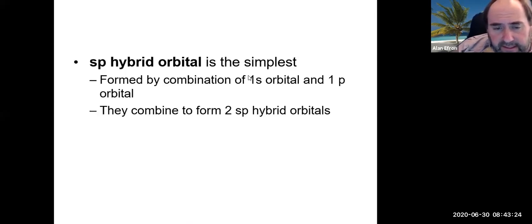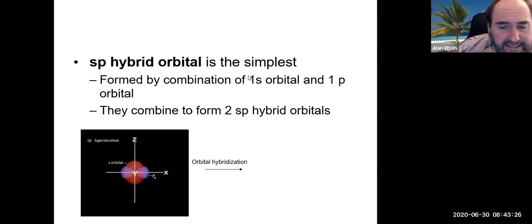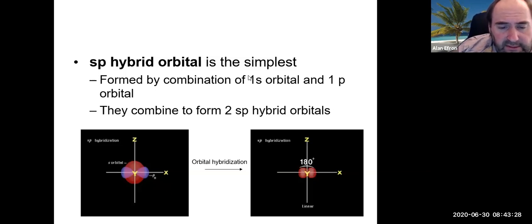So let's talk about the sp orbital, which is the simplest hybrid orbital that you could have. In this picture over here, that's our s orbital, which is the red circle. Our p orbital is the bluish guy there, our figure 8. When they mix together, they end up forming 2 sp orbitals, and that's these kidney shaped looking guys over here.